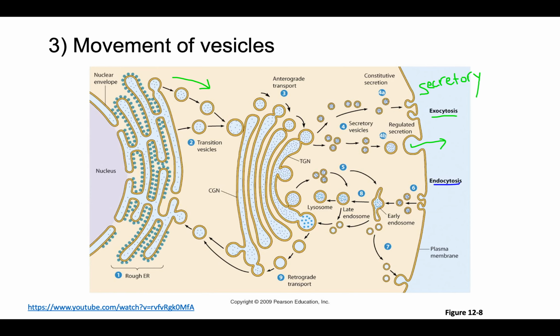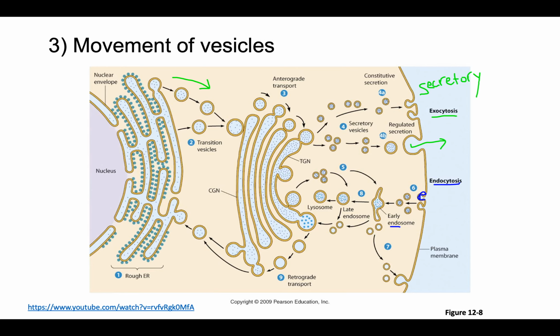So endocytosis involves endosomes. The membrane will invaginate right here at the cell membrane. It'll form these vesicles. And these then can fuse to the Golgi, make its way into the ER.